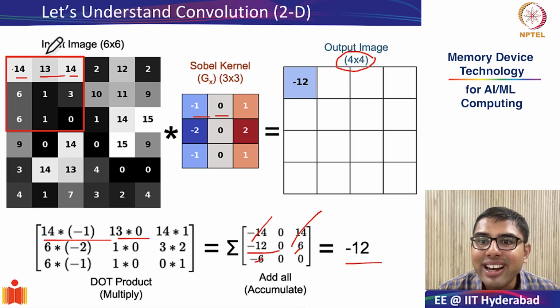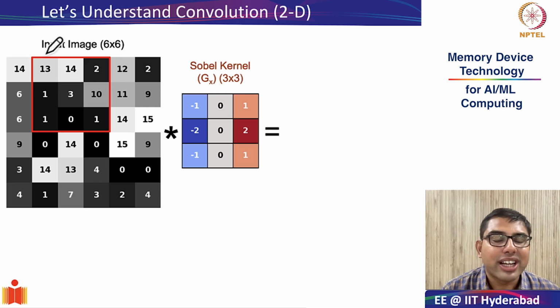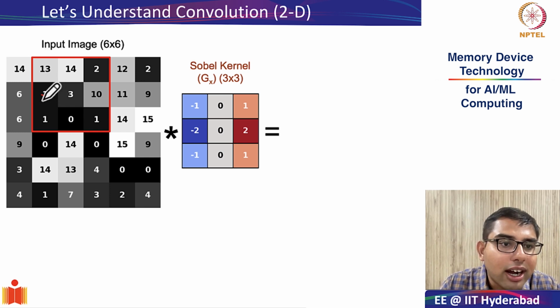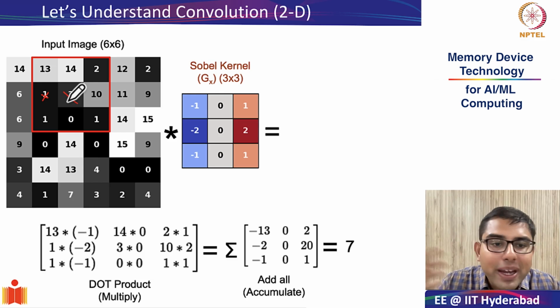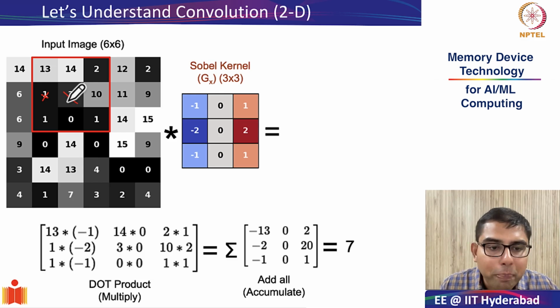So let us go ahead and do the next step. The next step to obtain the second element of your output pixel value will be to just slide your Sobel kernel to the next position. Earlier it was centered around this 1, now it is centered around this 3. So you repeat the same set of operations.